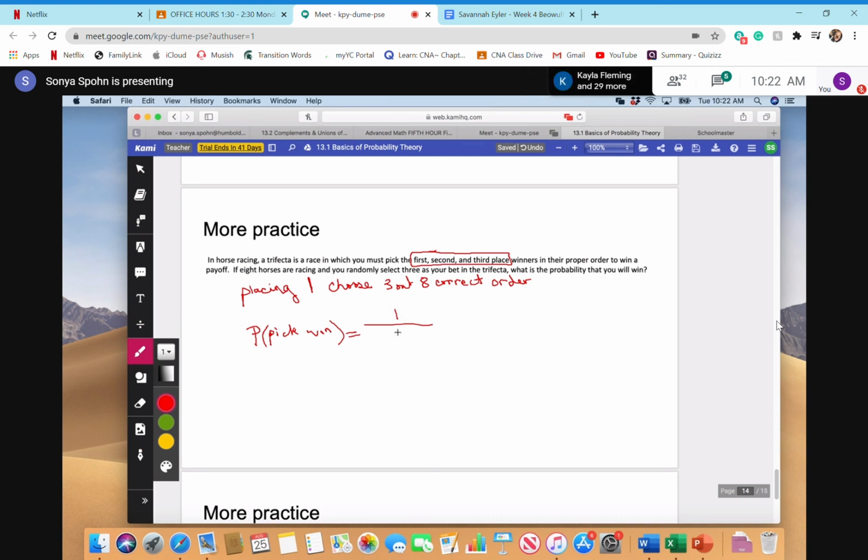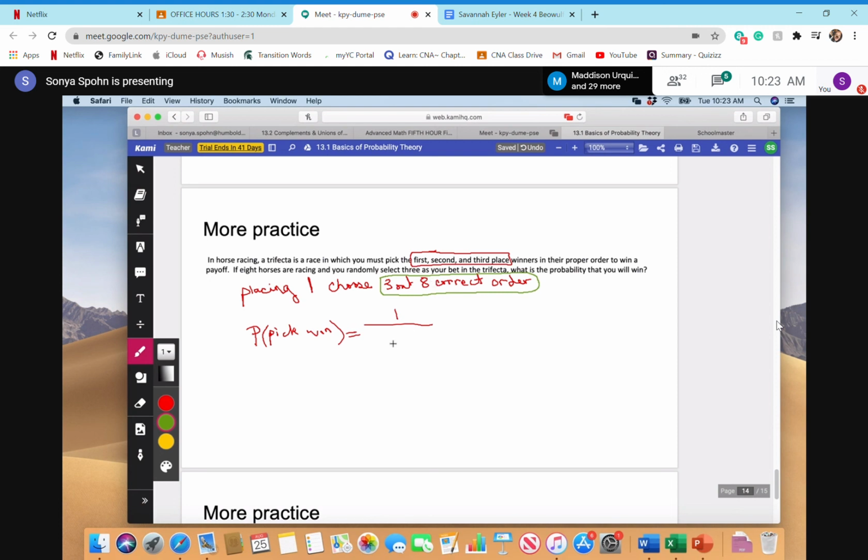But then when we do the choices down here, this is where we have to pull in permutations and combinations. We are picking 3 out of 8 and the order matters. So what are we going to do down here to figure out how many ways you can pick 3 horses out of these 8 in first, second, or third place?